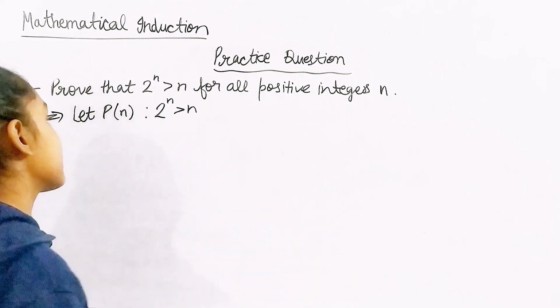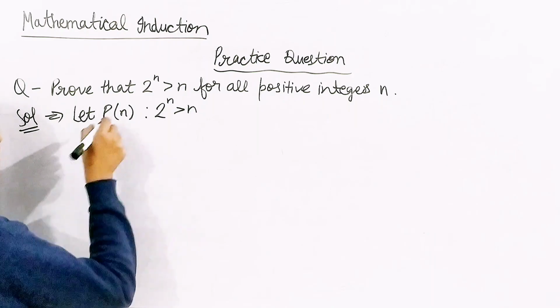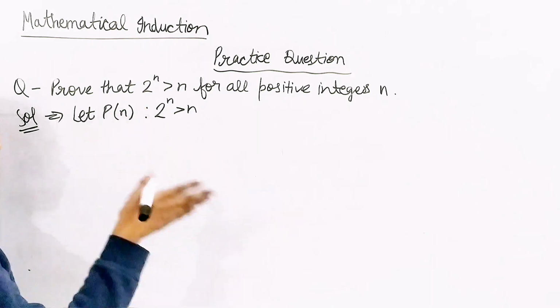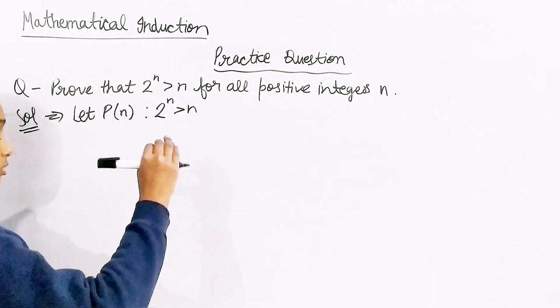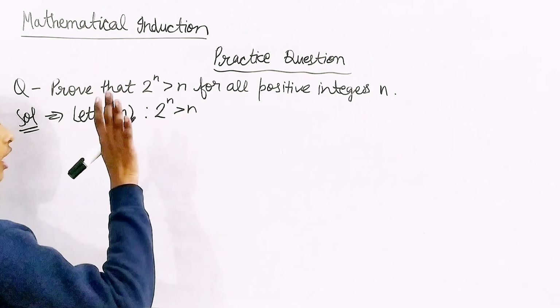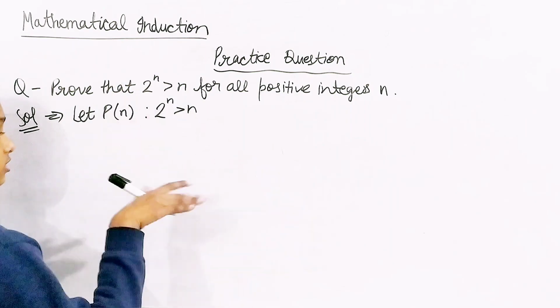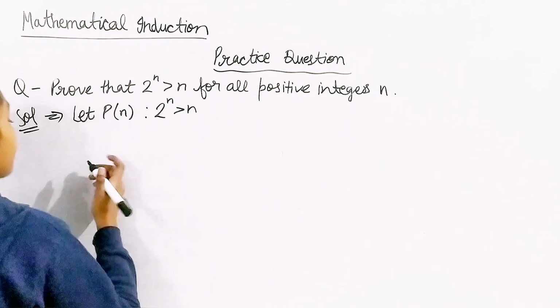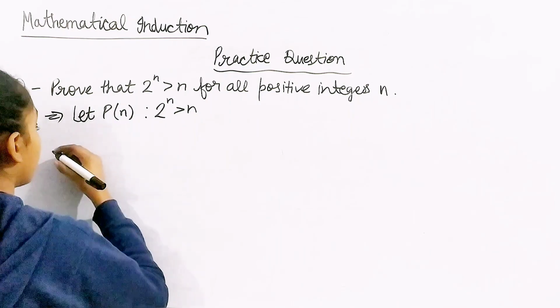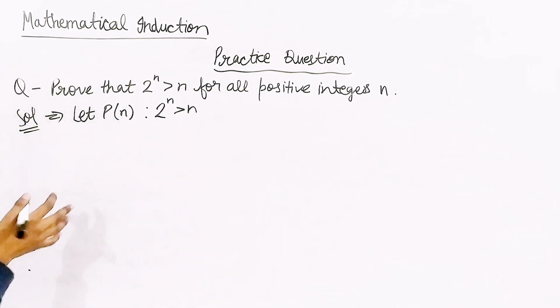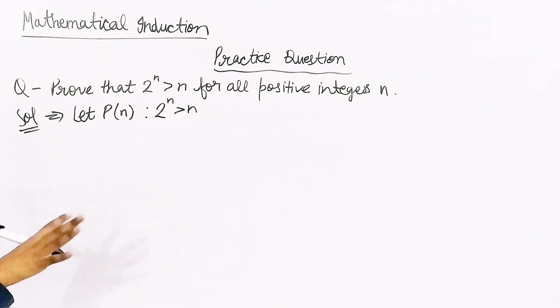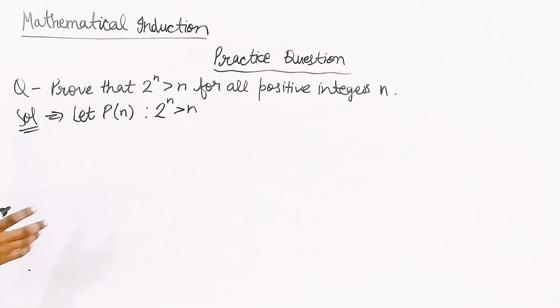So let's talk about the base step now. This n is equal to 1, as we're going to start from the smallest base value, and here I'm taking 1. I'll write it in a simple way, not anything that will confuse us.